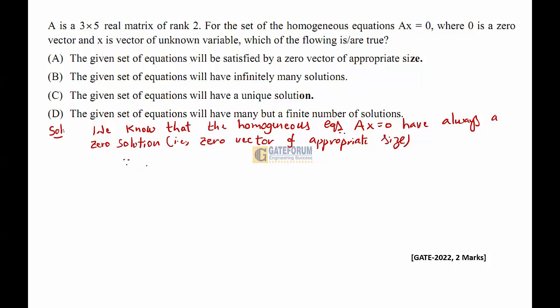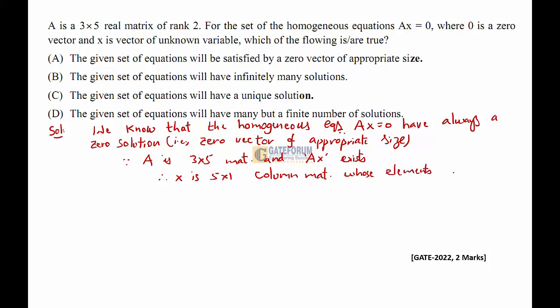Now, since A is a 3 cross 5 matrix and A into X exists, that is, matrix multiplication exists, therefore X is a 5 cross 1 column matrix whose elements are unknown variables.